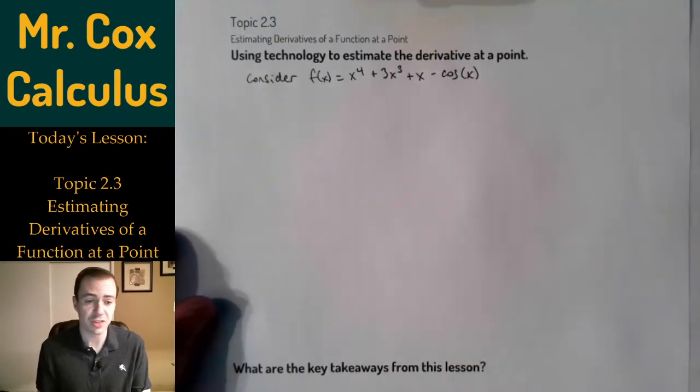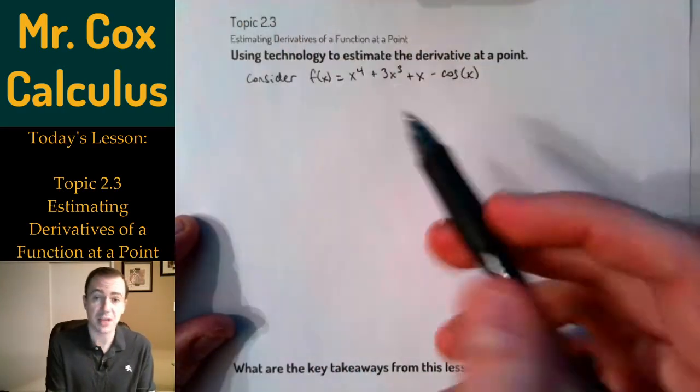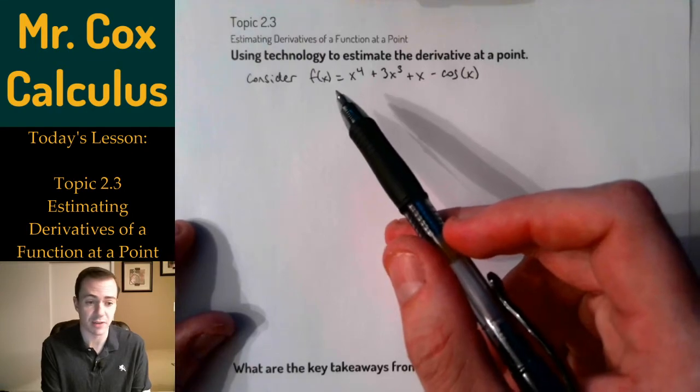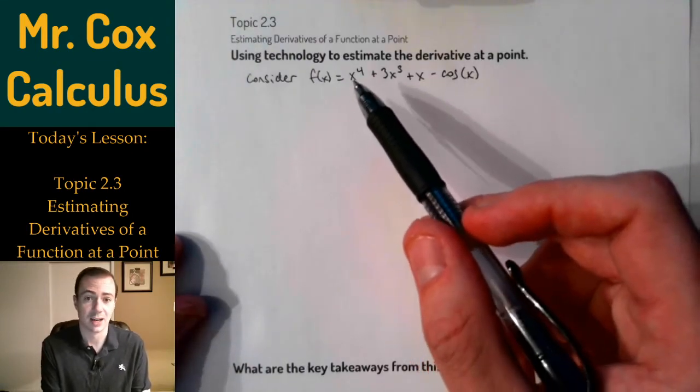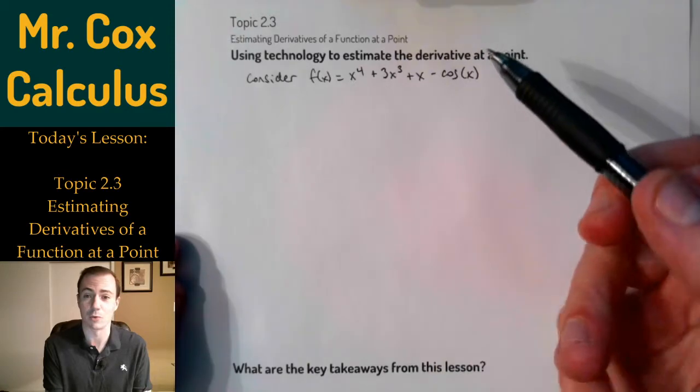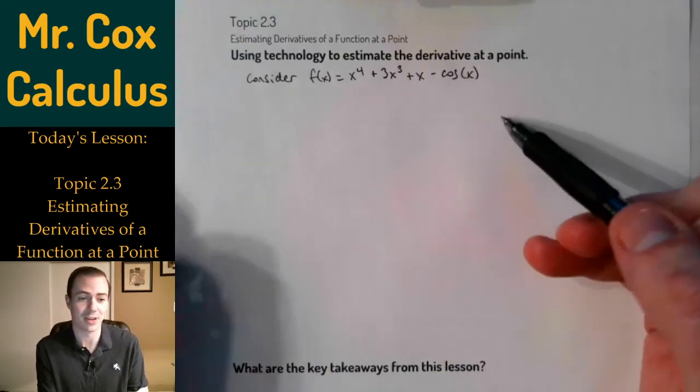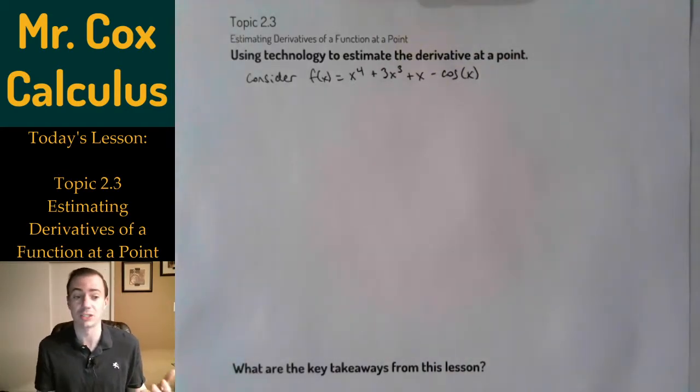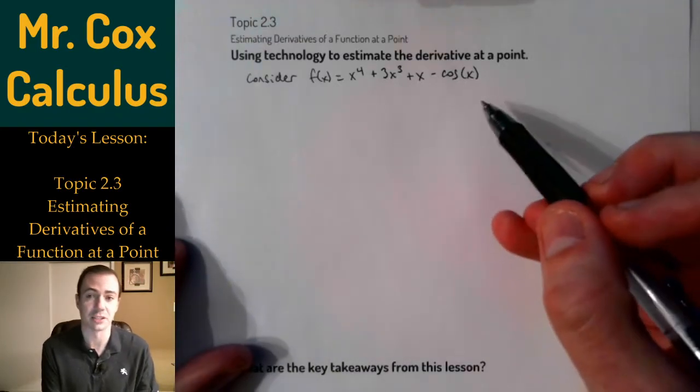But right now, the only thing you know is the limit definition of taking a derivative, and that's going to be really tough to plug into f of x plus h minus f of x. I don't want to take x plus h and raise it to the fourth power. I don't want to do cosine of x plus h and look at some of those angle addition identities to try to split it up.